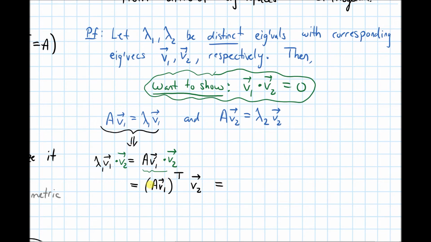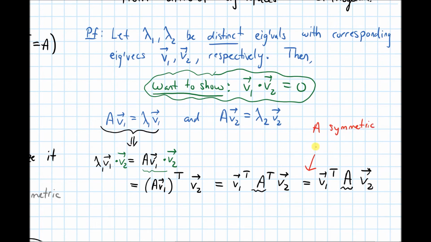All right, so now if I have A times v1 transpose, that becomes v1 transpose times A transpose times v2. The next thing we'll do is I'll use the fact that A is symmetric. Because A is symmetric, that means A transpose is the same thing as A, and then times v2. So this step, one more time, I'm using the fact that A is symmetric, and that means that A transpose equals A.